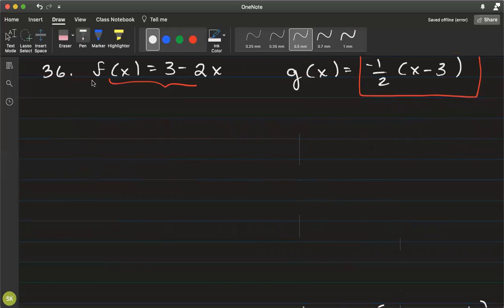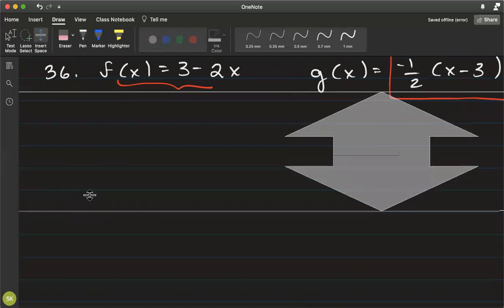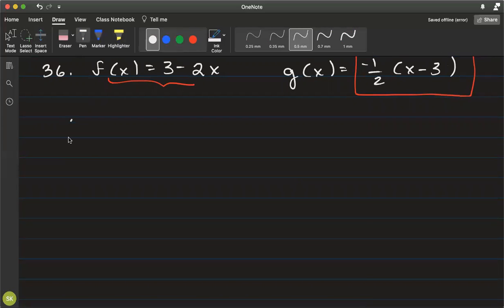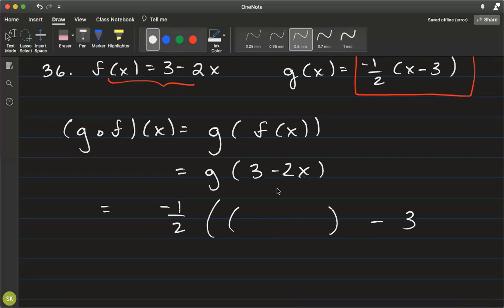Now let's try g composed with f. So g composed with f of x is g with f plugged inside, which is g of 3 minus 2x. I'm plugging this in, which is equal to, well, g is negative 1/2 x minus 3, and where I see x, I'm plugging in 3 minus 2x.